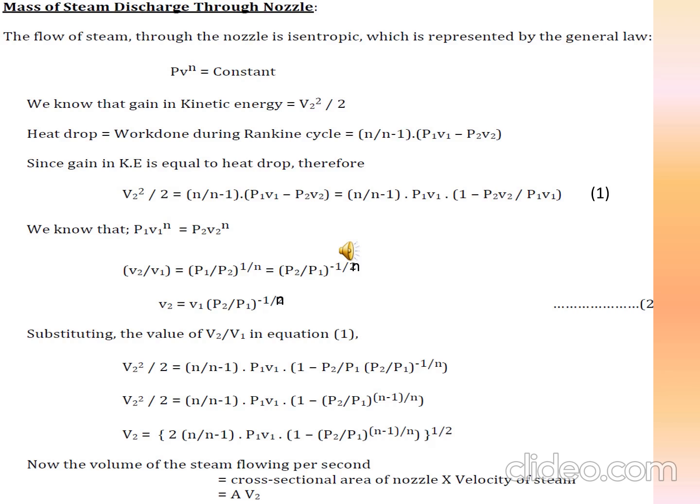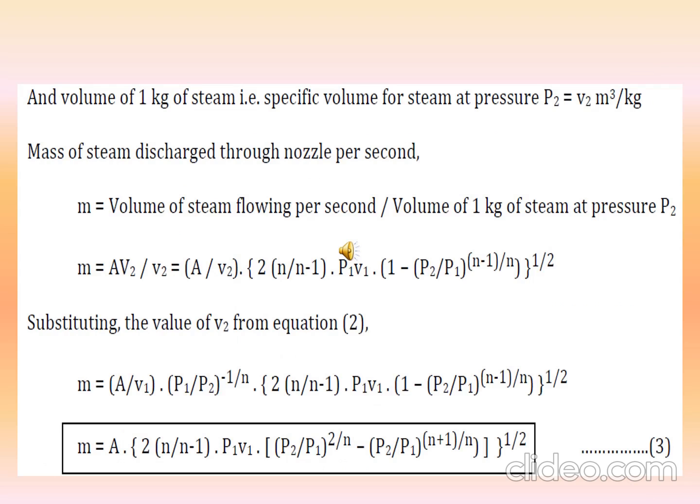Now we have to find the mass. We know that the volume of the steam flowing per second equals the cross-sectional area of the nozzle into the velocity of steam, which is A into capital V2. So our aim is to find the mass discharged through the nozzle. Okay. So what is the formula? Mass equals the volume of steam flowing per second divided by the volume of 1 kg of steam at pressure P2. So M equals capital A into capital V2 divided by small v2, which is the specific volume.